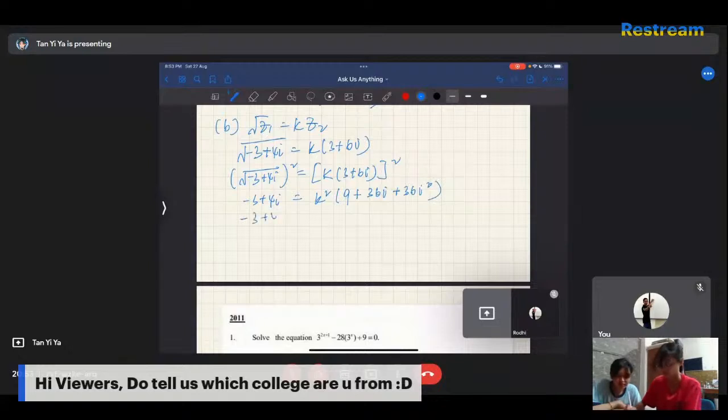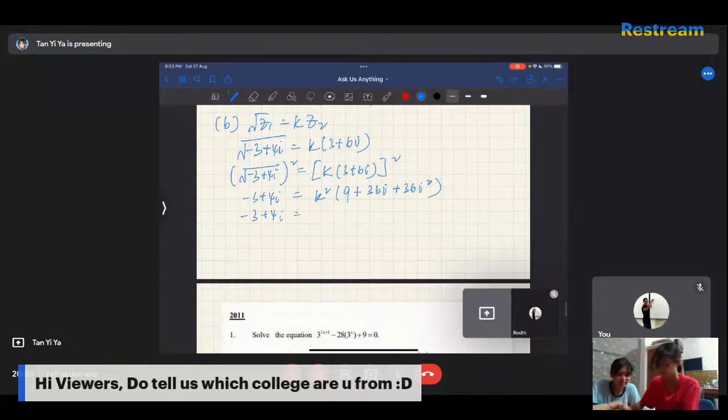So solve this and it will become negative 27 plus 36i.